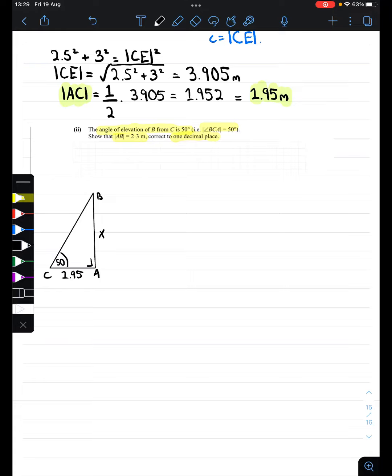And so we know that, well, how can we relate x and 1.95? Well, we have tan of an angle is equal to the opposite over the adjacent.